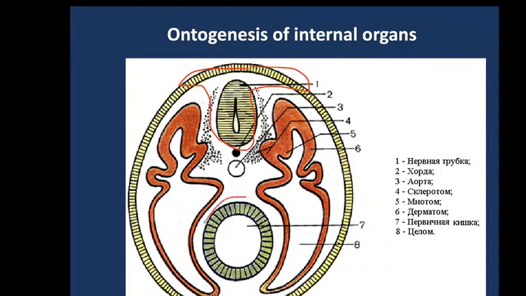This is the entoderm, like a primary tube inside of the embryo, and between them in red is mesoderm. So only three embryonic elements: ectoderm, mesoderm, and entoderm.